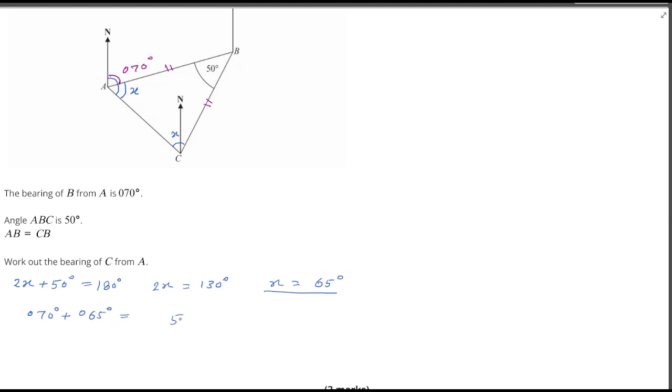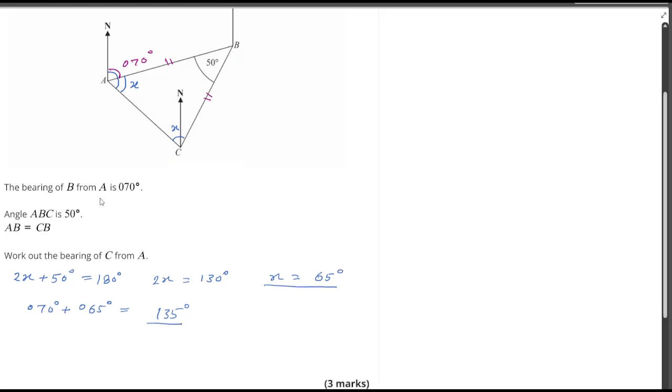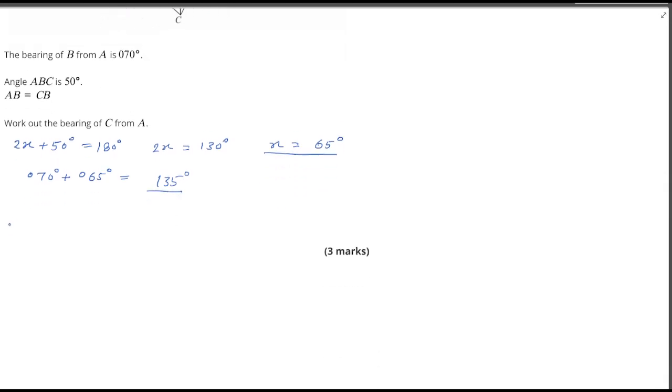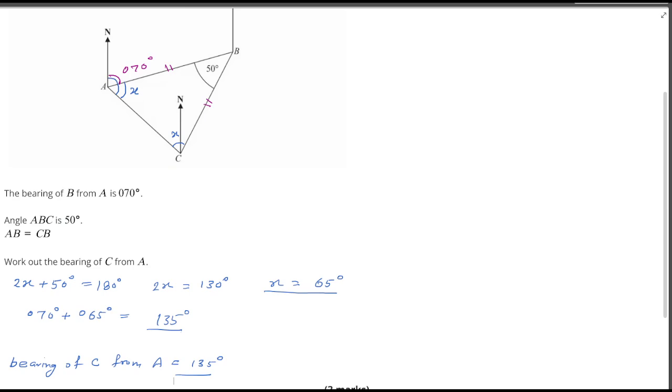So 5 plus 6 is 11, 135 degrees. So you can write the bearing of C from A is equal to 135 degrees.